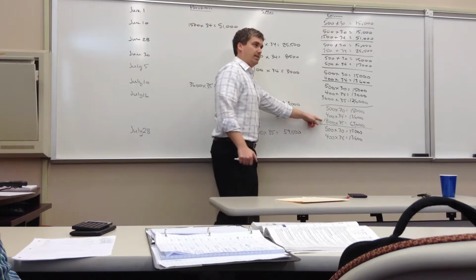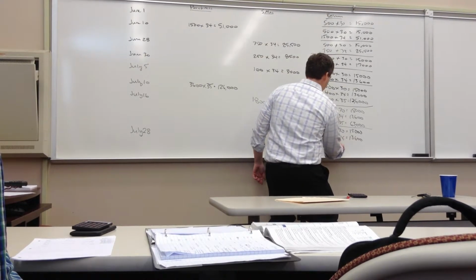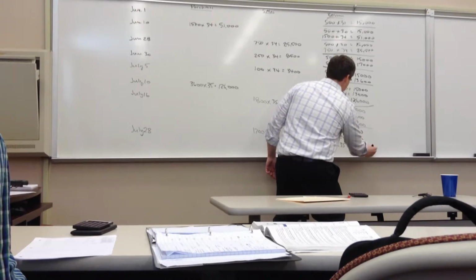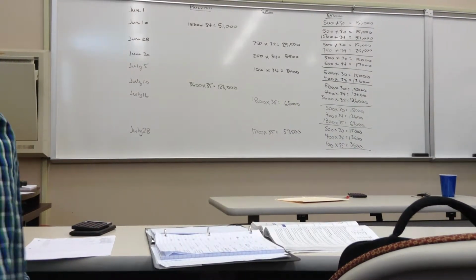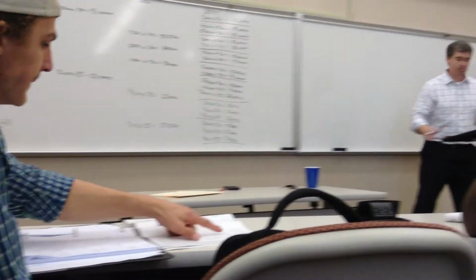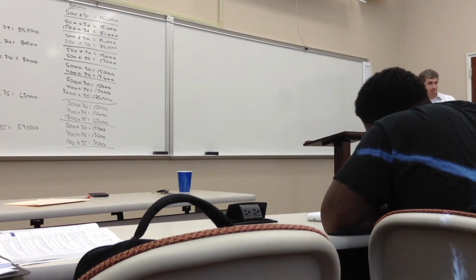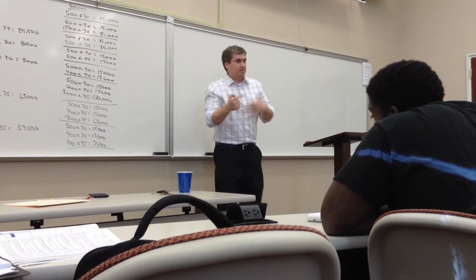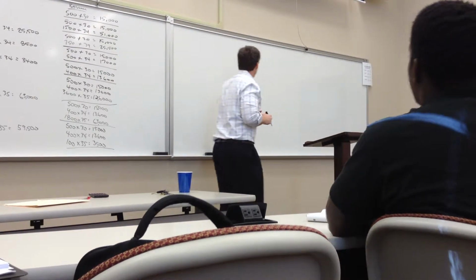So 1,800 minus 1,700 leaves me 100 at 35. 3,500. All right, I'm going over here. You keep working down. So you're good so far, right? We okay? Once you kind of catch on to it, it starts to roll a little bit. It's catching on that makes it difficult.